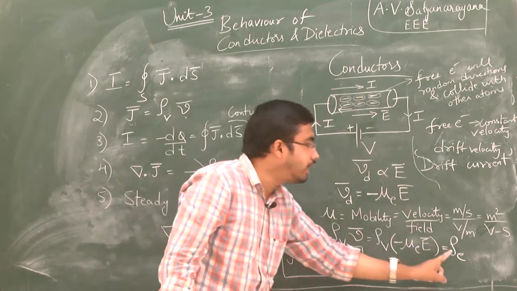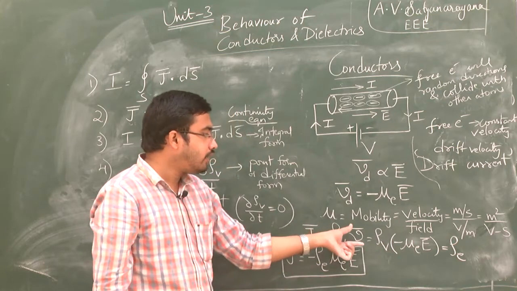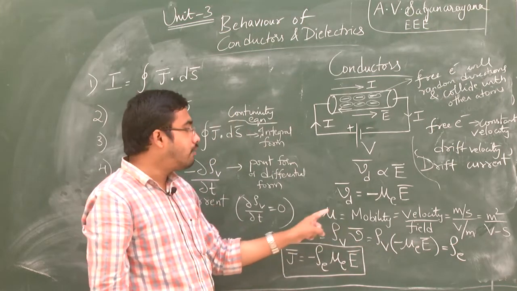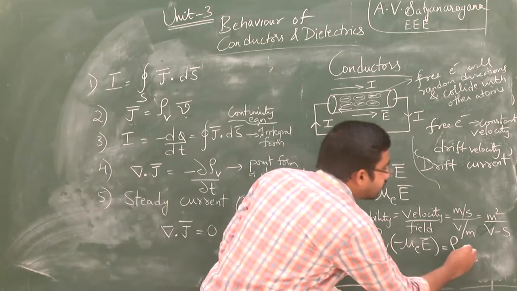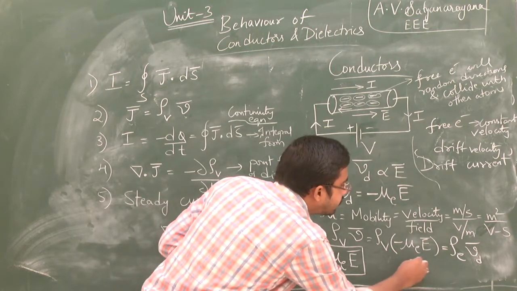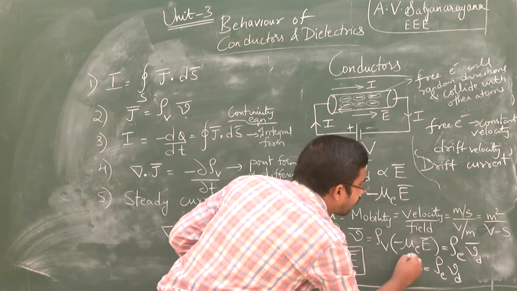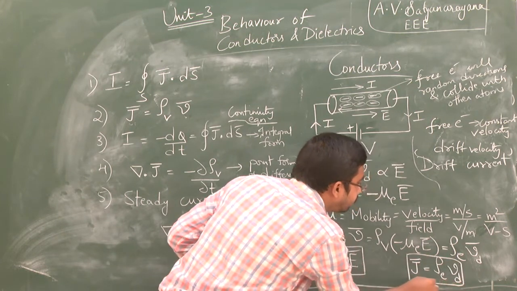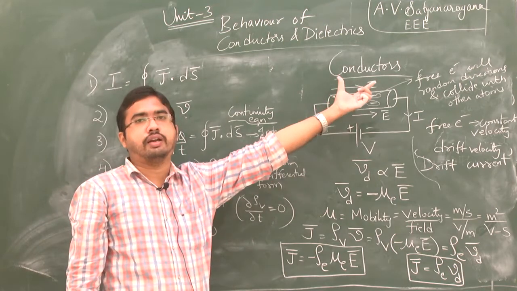And in the place of general velocity V bar, I am substituting the drift velocity of the electrons Vd bar. So I can also write J bar is equal to rho E into Vd bar. This is another relation when you consider the drift current in the case of conductors.